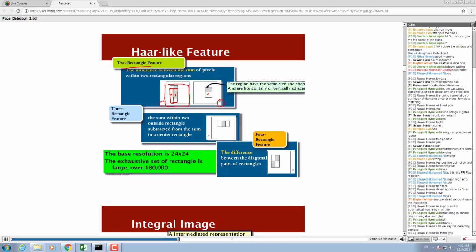So for example, when you calculate this Haar-like feature in the white background area, and you subtract the white region and the black region, what is the result? Then if you calculate this feature, the subtraction of white and black, what is the result?